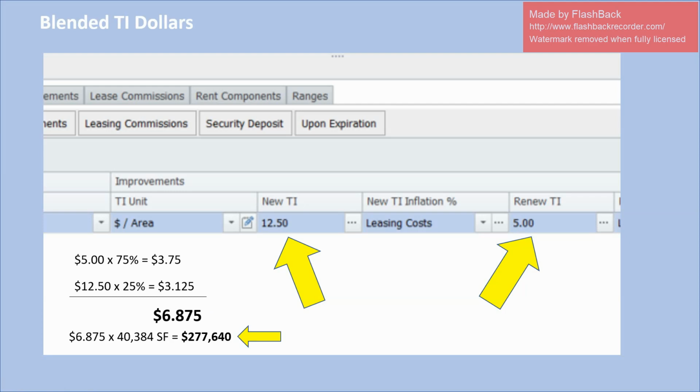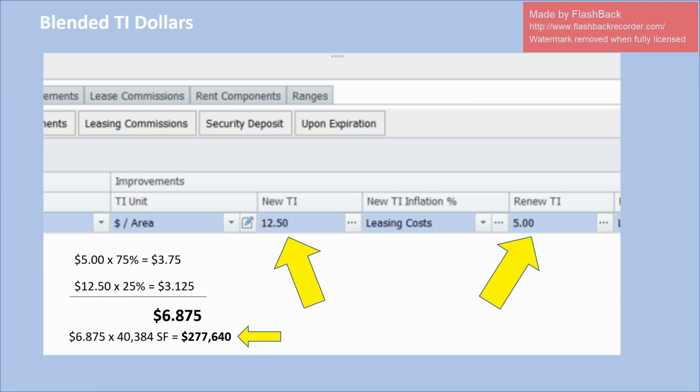And then this particular tenant that's in the space that this market leasing assumption is assigned to is a 40,384 square foot tenant. So basically, for the month that they roll, so the month after their expiration, they expire December 31st, 2021.